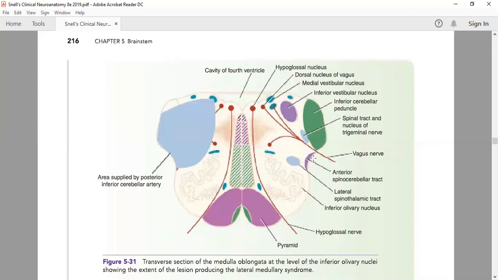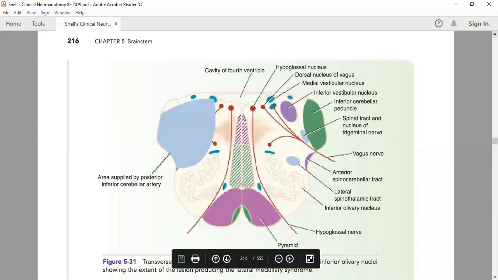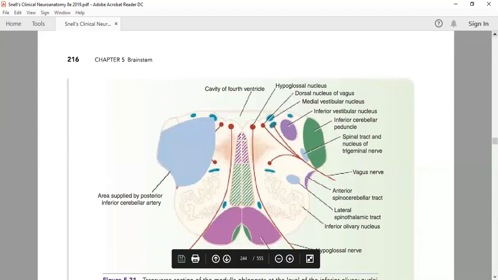And damage to nucleus ambiguus will result in paralysis of ipsilateral palatal and laryngeal muscles. Due to paralysis of these muscles, it will result in dysphagia and dysarthria, difficulty in swallowing and speaking. So this was about lateral medullary syndrome of Wallenberg.